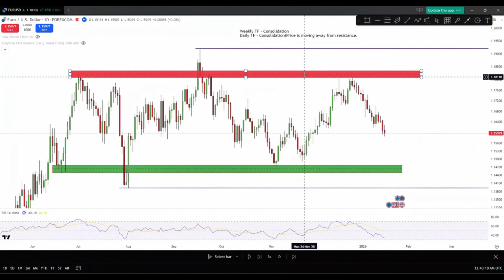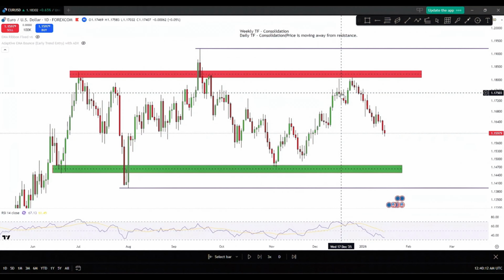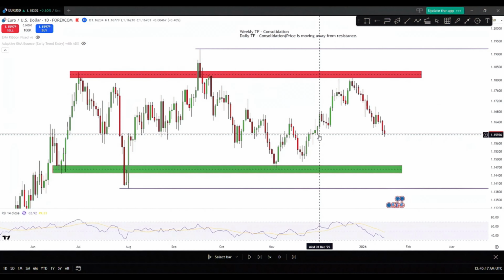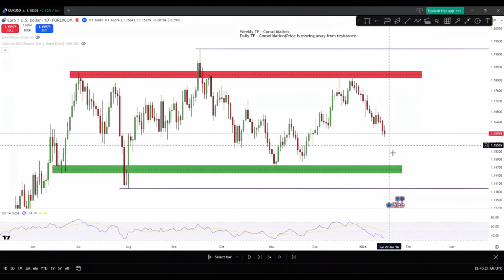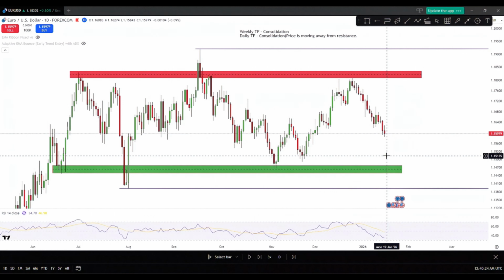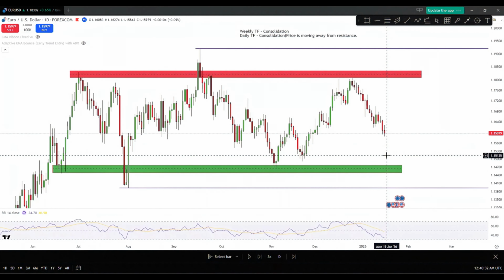Okay, so now we have current price action on the daily time frame. We're consolidating on the weekly, and on the daily, we just rejected resistance. So now we're moving towards support. So keeping the situation in mind, that means that on the 4-hour time frame, we should be seeing a downtrend.